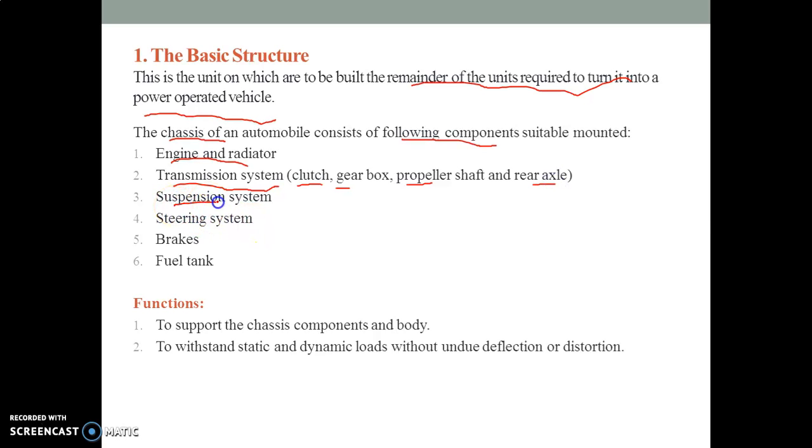Here the suspension system is also a part of the basic structure, then the steering system, brakes, and fuel tank. Most of the important points we'll cover in this lecture and coming lectures one by one.